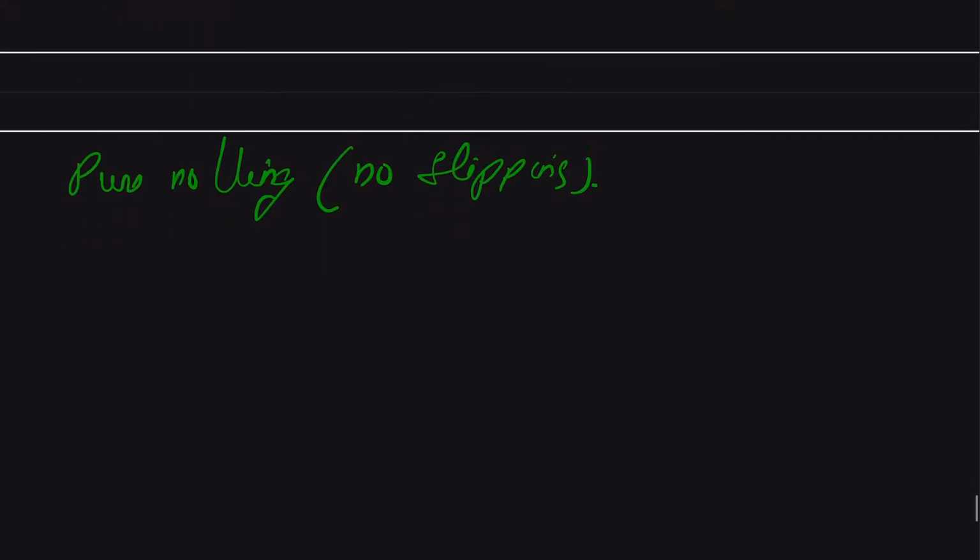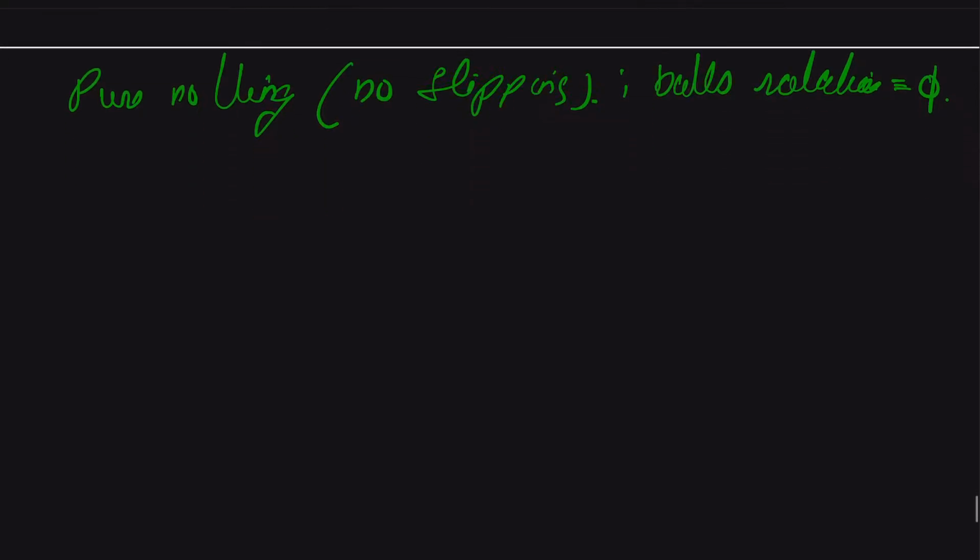Okay. So we have pure rolling, no slipping, and we can say that the ball's rotation is through angle of phi.